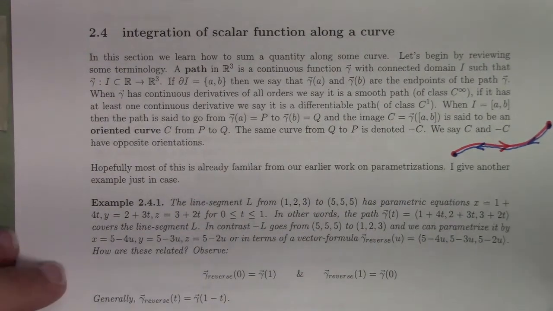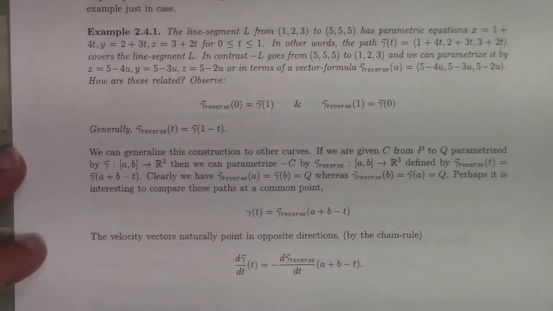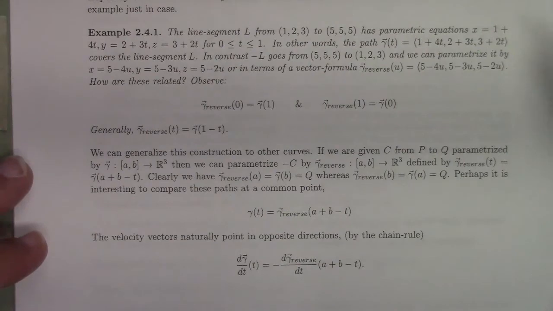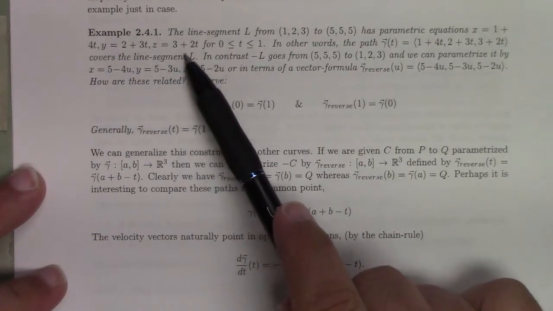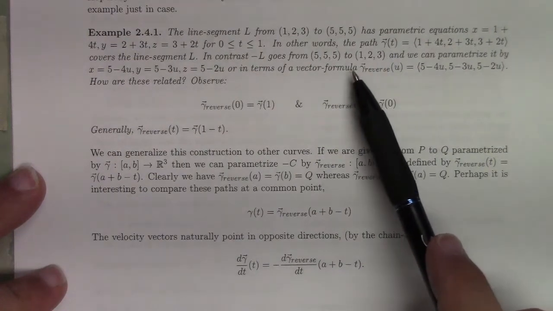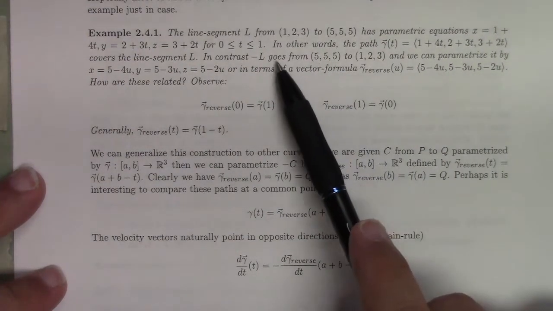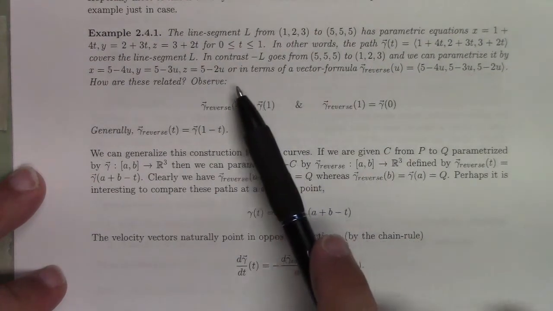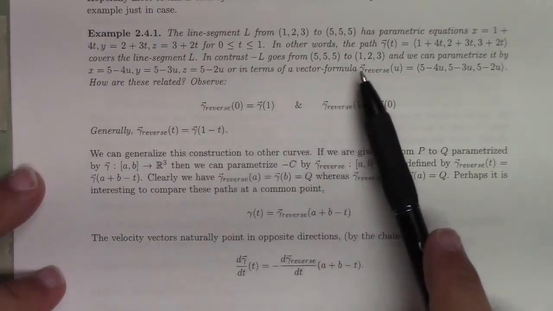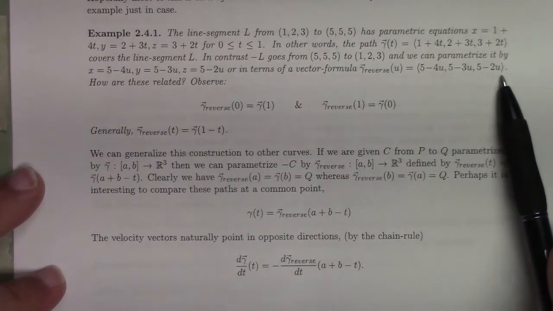And I have some formulas here for doing that to a line segment. So like I have a line segment with parametric equations as given here, and that gives me a path that goes from 1, 2, 3 to 5, 5, 5. If I want minus L, then that's a path from 5, 5, 5 to 1, 2, 3, and we can parameterize that by this.